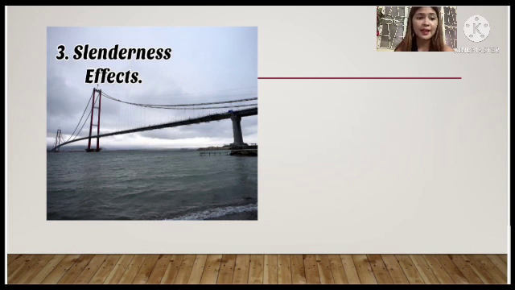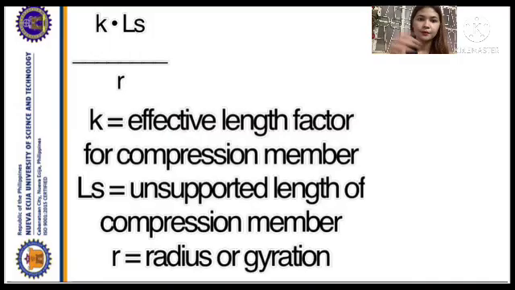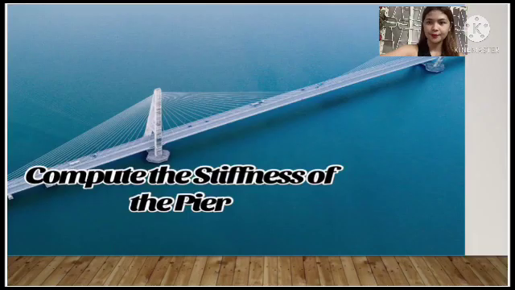The slenderness ratio of a compression member is defined by the following expression: KL over r, where K is the effective length factor for compression members, L is the unsupported length of the compression member, and r is the radius of gyration.